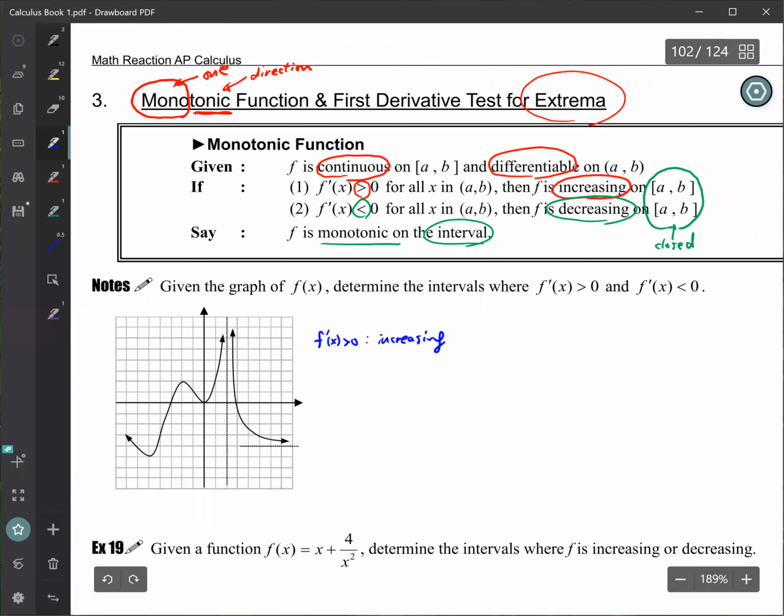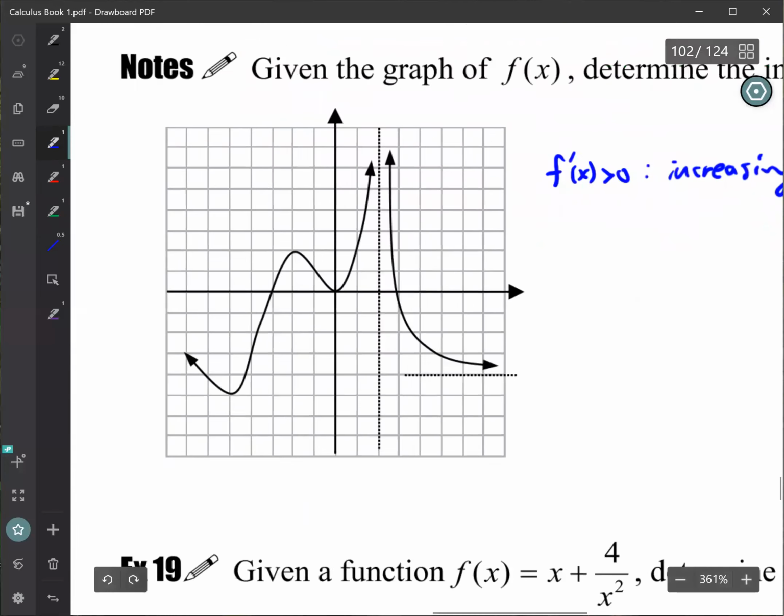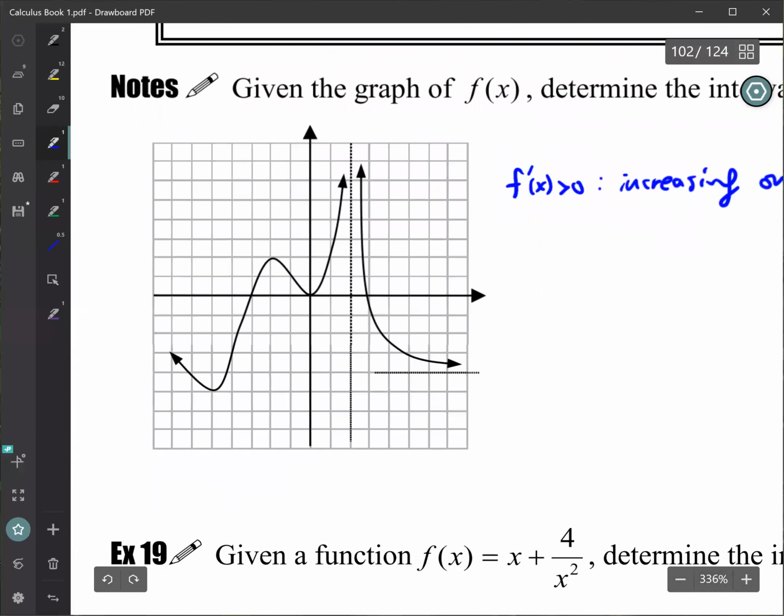The function is increasing on... let's take a look. Between positive and negative, it has to be 0, so let's find all the 0 slope places. That one will be here, another one here, another one here, that's flat, and no other place.